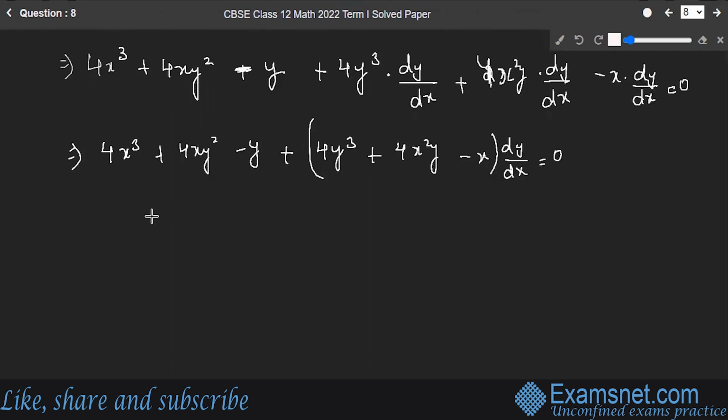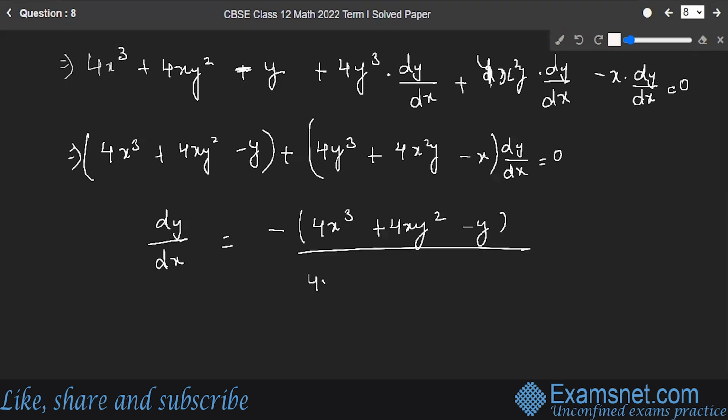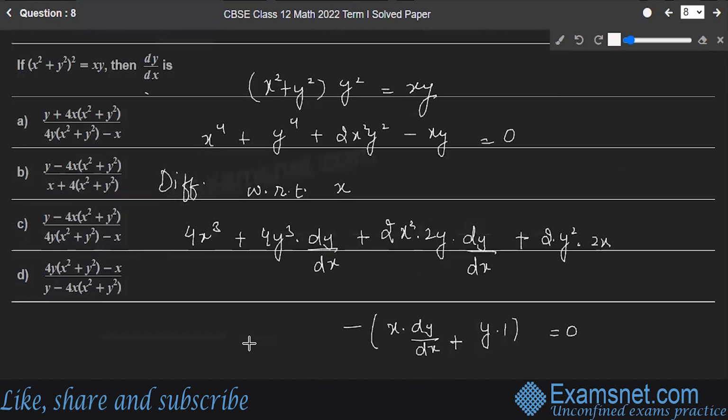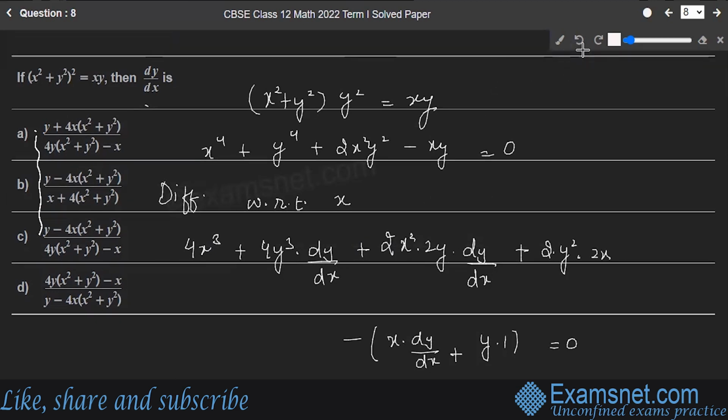So solving this, these are the other terms. So dy by dx will be written as minus of 4x cube plus 4xy square minus y whole divided by 4y cube plus 4x square y minus x. Right? I hope you are clear till here. That's it. Now, just one more thing, because you don't have anything minus. See, there is no minus over here. So I'll solve it further.